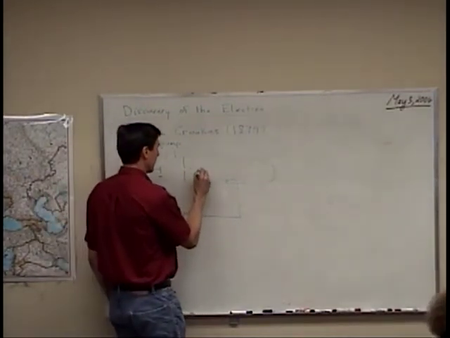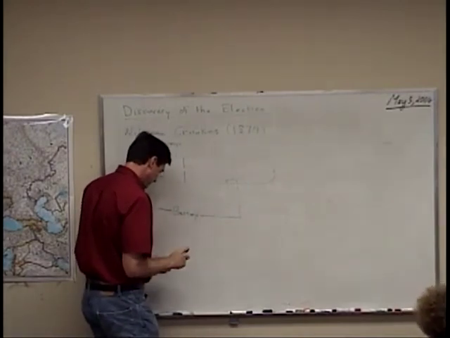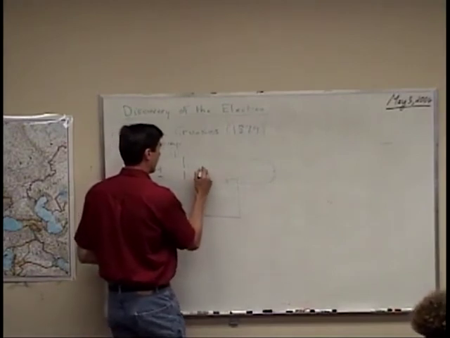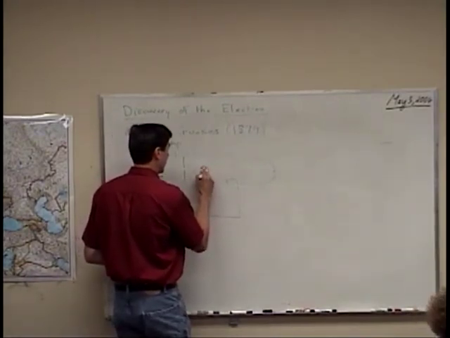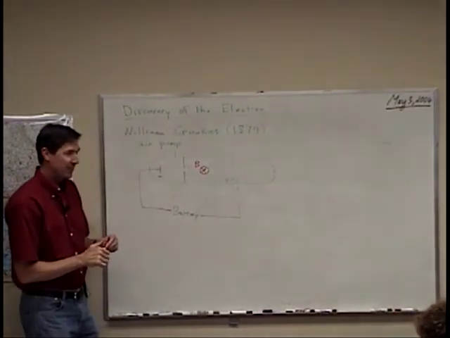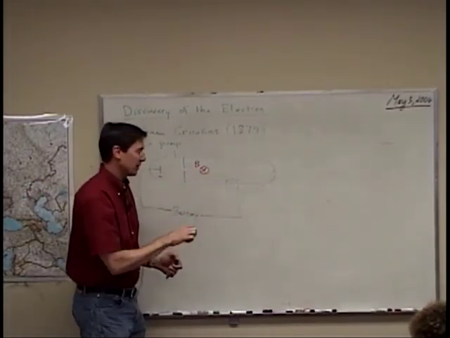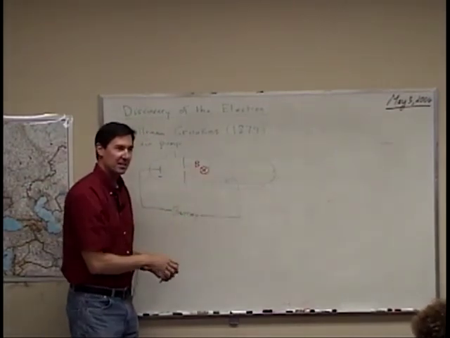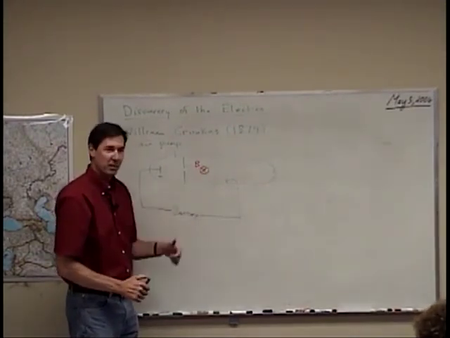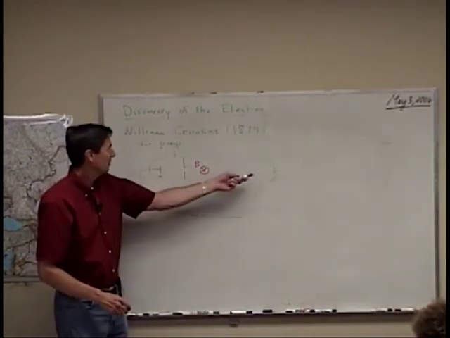That's going to put a magnetic field going into the board here, right? If you just approach it from the side, pointing the north magnetic pole into the board here.